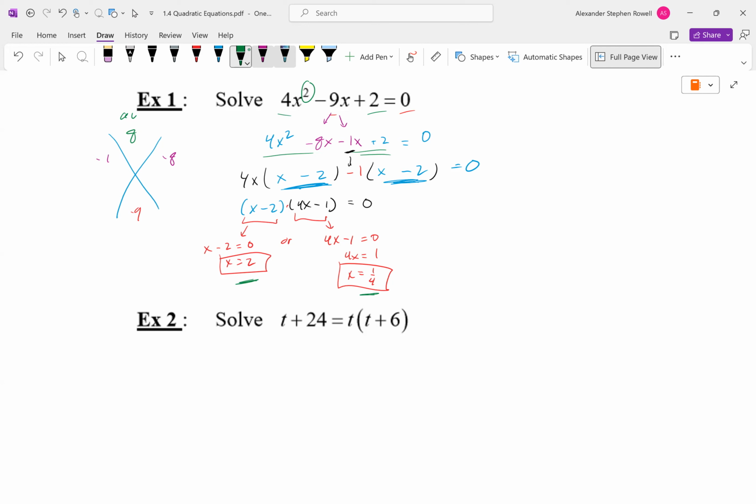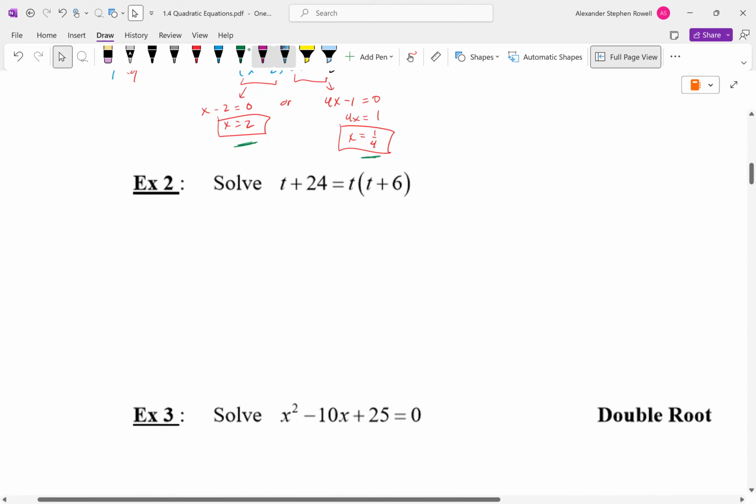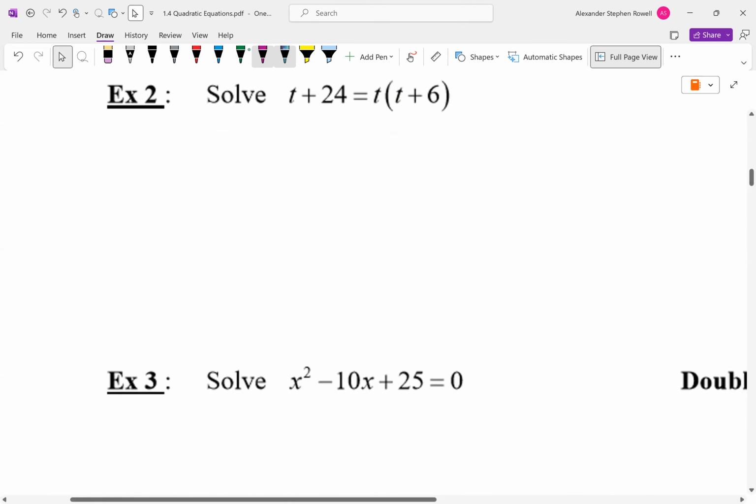One, or all real numbers, or no solution. So right now, we know we can have 2 for quadratics. Can we have 1 for quadratics? All right, let's continue. We'll talk about that as we go along.